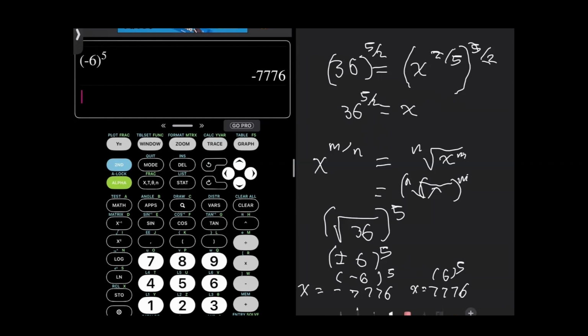Now let's go ahead and plug in 36 raised to the 5 over 2 and see if we get the same result. 36 raised to the parentheses 5 divided by 2. Sorry, not 5. We're doing 36, checking 36 raised to 5 over 2, if it equals the same results.